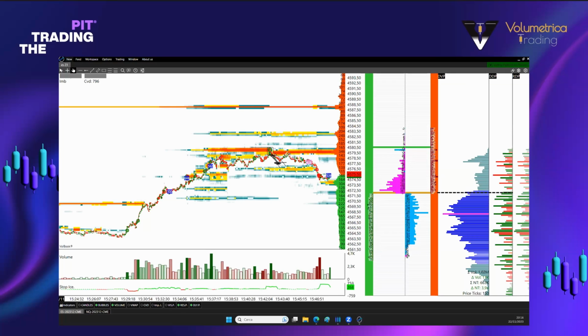What happens next? We have another pullback right here, on the very same area where the absorption previously took place. And the question is obvious. Do we still have the same effort in pushing to the upside?